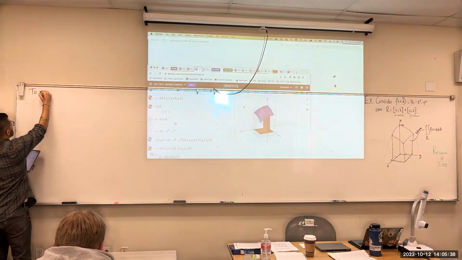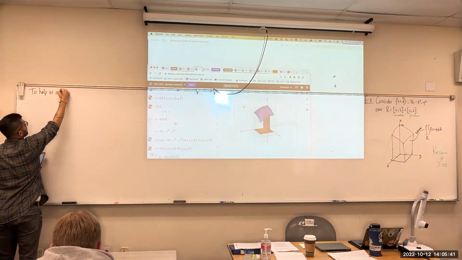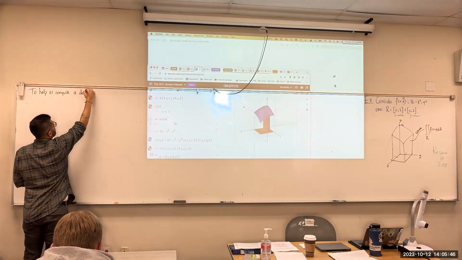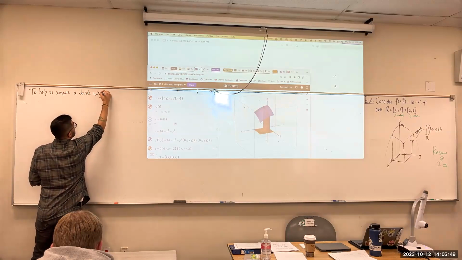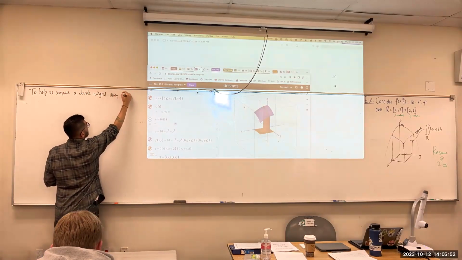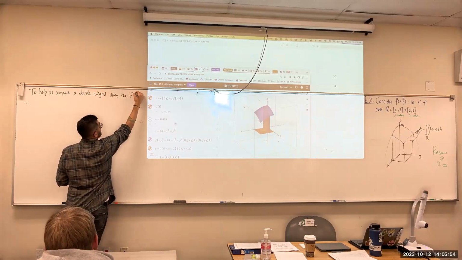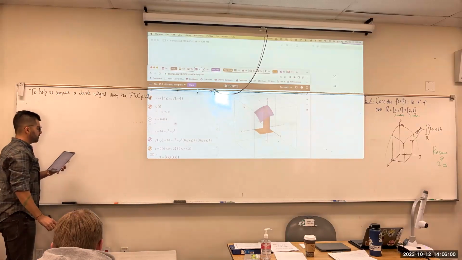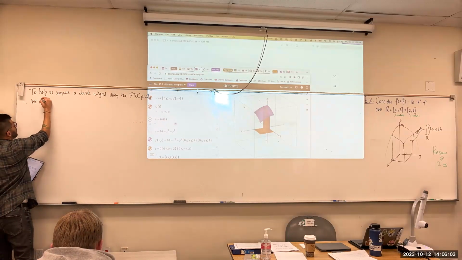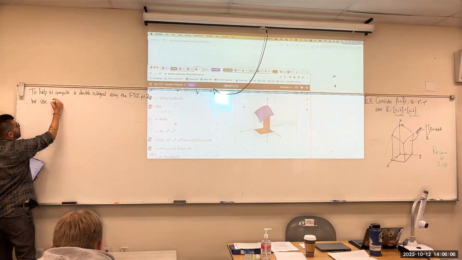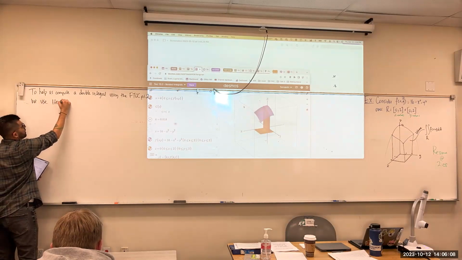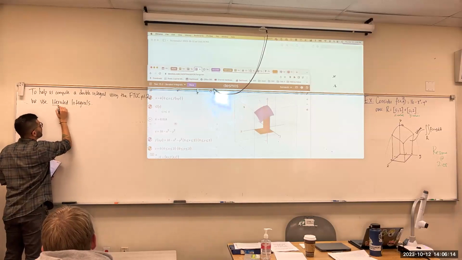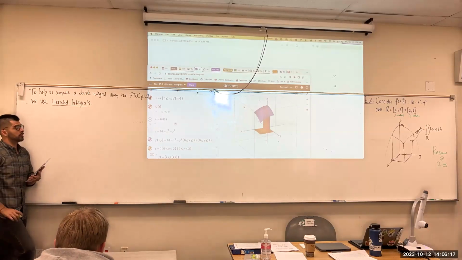So to help us compute a double integral using the fundamental theorem of calc part 2, that's the one where you plug in the endpoints and subtract them, we use what's called iterated integrals. So instead of doing limits, we're going to do something called iterated integrals. We're going to see what they are.